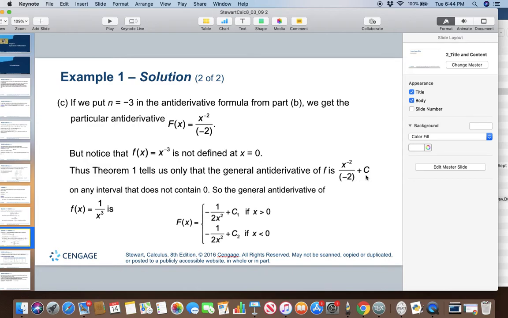But you do need to add c. So what happens here? To the right of 0, you can add one constant. To the left of 0, you could add some other constant. You are not required to add the same constant. All right. So, for the general antiderivative, you can add different constants on either side of 0 because my function was not defined at 0 anyway. Okay. 0 makes this undefined.